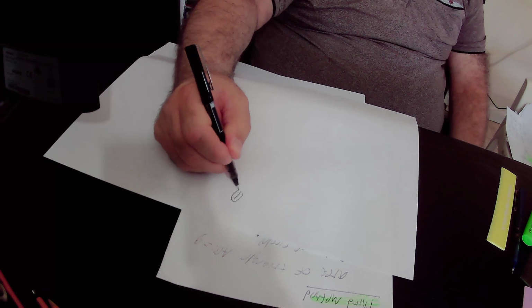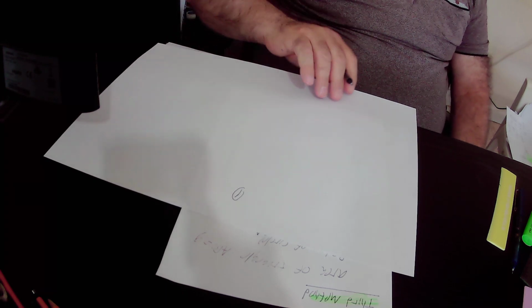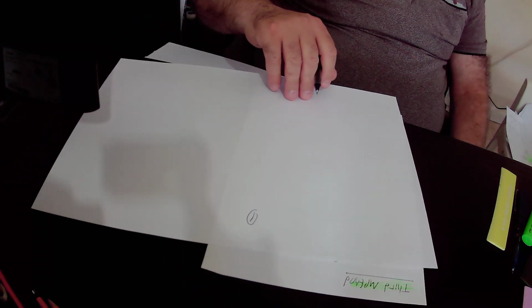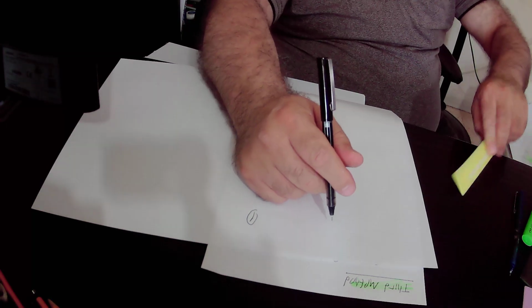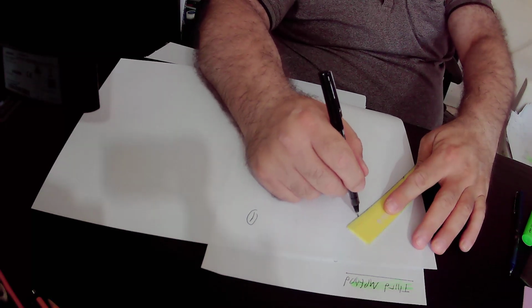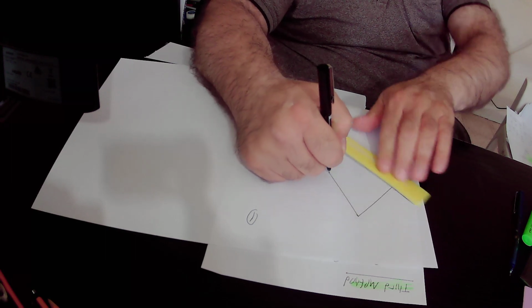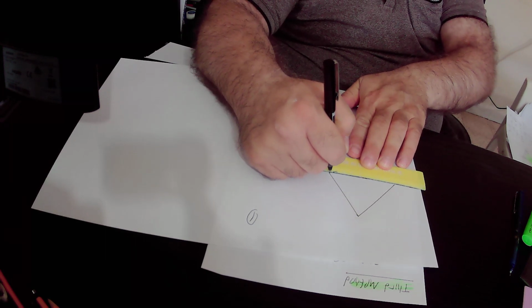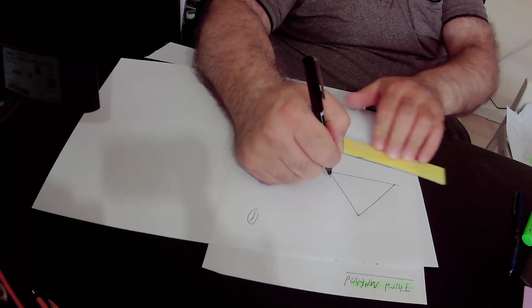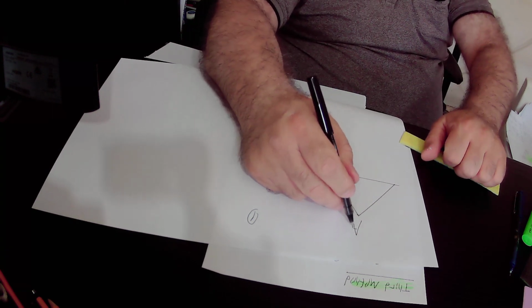If we have triangle ABC, that will be any triangle, this is triangle ABC.